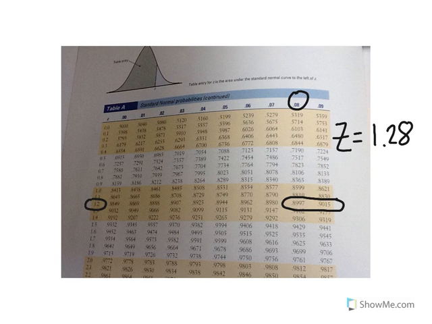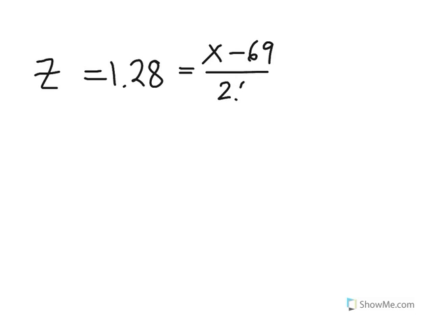Now that we have this number, we're going to go back and see if we can finish our problem. If z is 1.28, remember that's also the same thing as x, which we don't know the height, minus 69 divided by 2.5. And the question is, could we possibly solve that and find out what x is?